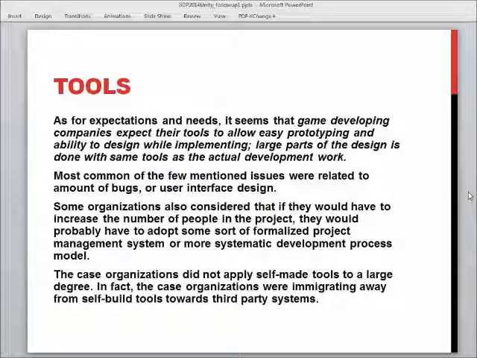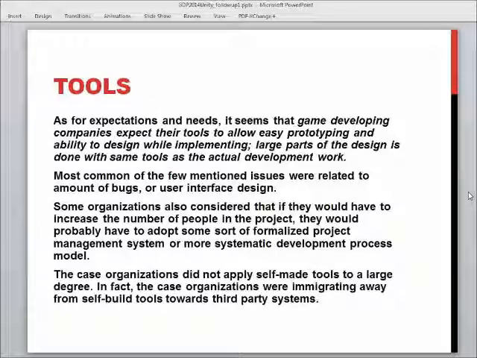So there was a period in the game industry where you had to have your own tools for doing editing work or development work or anything. If you wanted to create a game, you basically had to start by making your own engine and then making your own level editors and making your own data types and stuff like that.